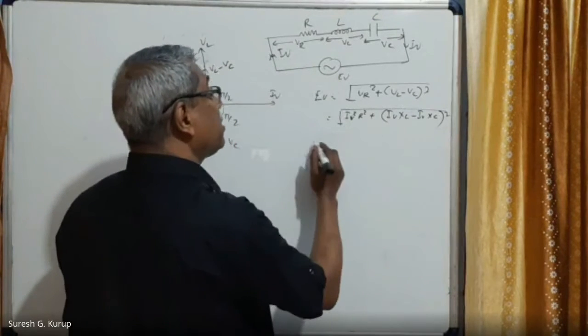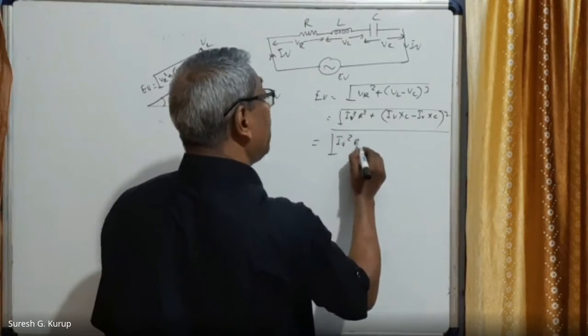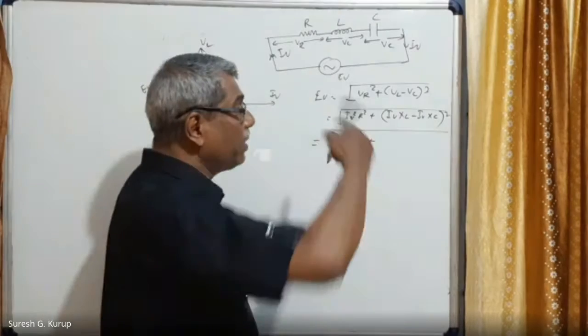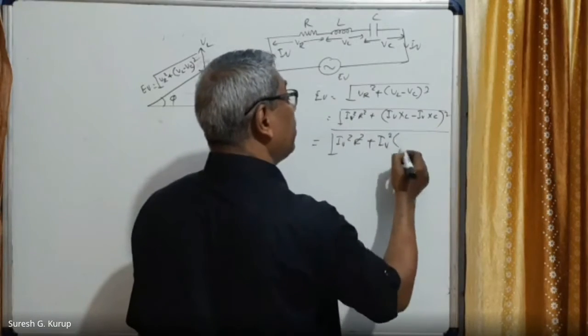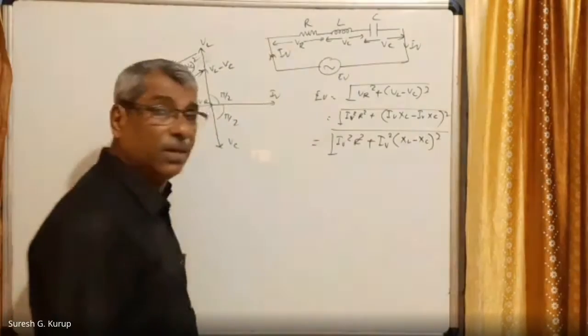Again, this is written as the square root of IV square R square plus, from this squared bracket, we take IV outside, IV square into (XL minus XC) the whole square.